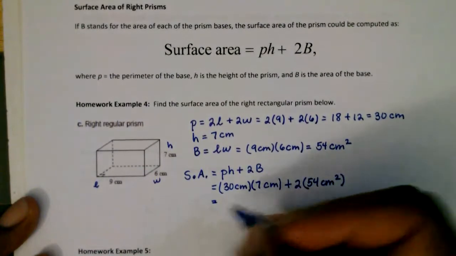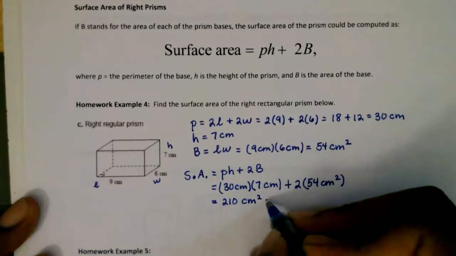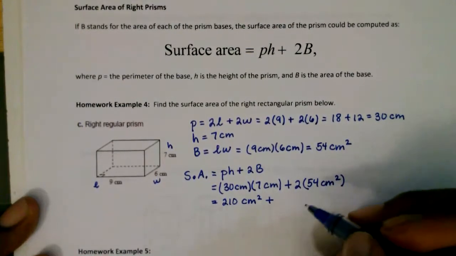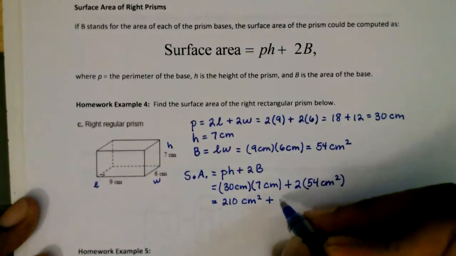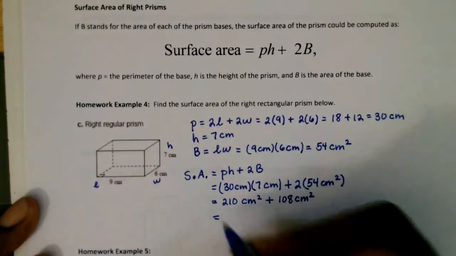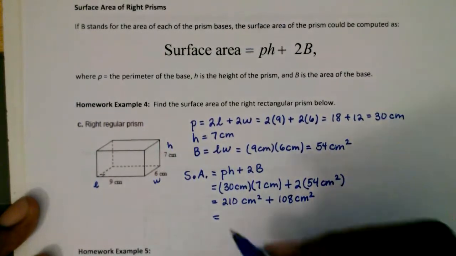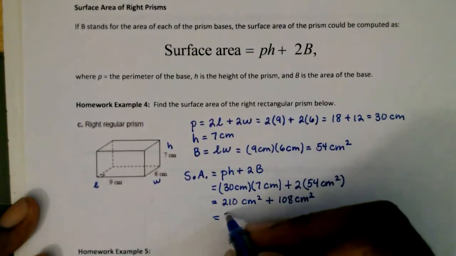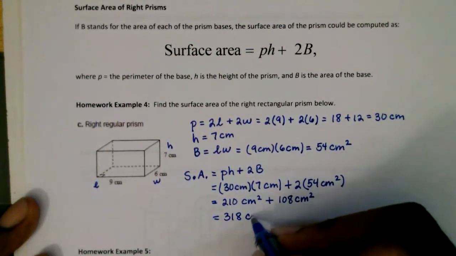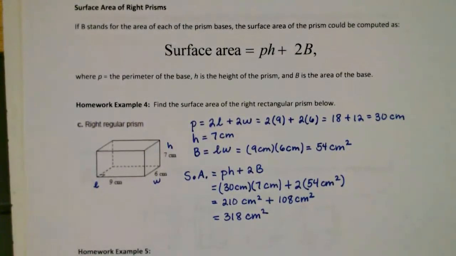Now, if I do 30 times 7, that will be 210 square centimeters, plus 2 times 54 square centimeters will be 108 square centimeters. So 210 square centimeters plus 108 square centimeters will be 318 square centimeters. Okay, that represents the surface area of the right rectangular prism.